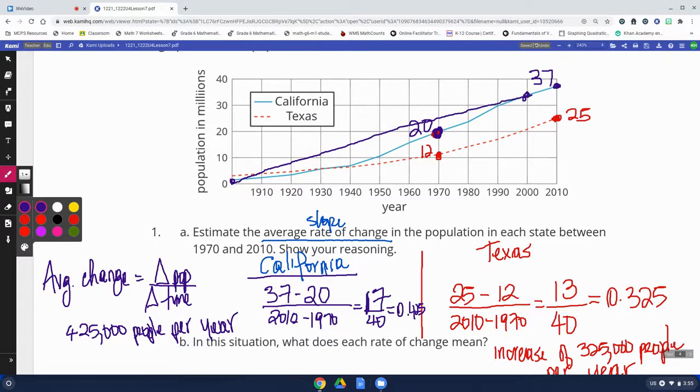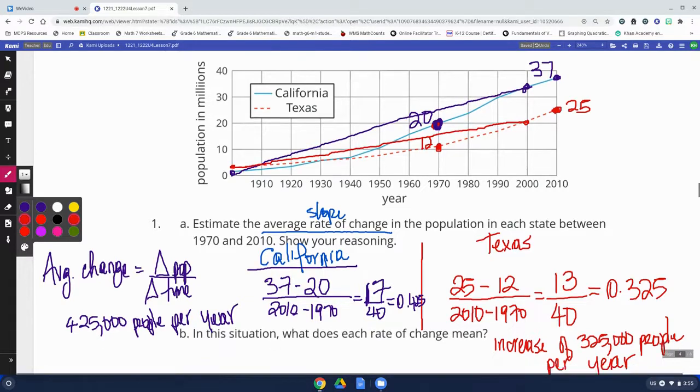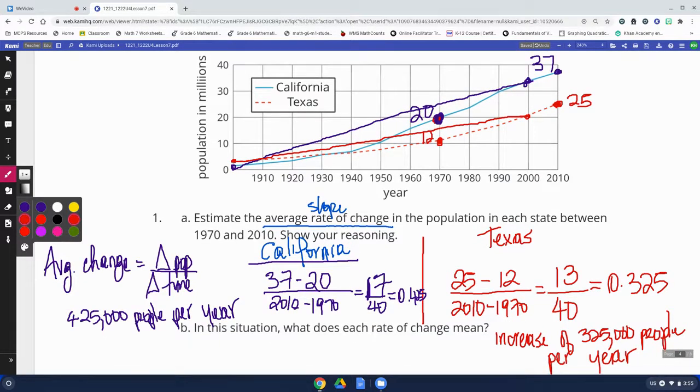Texas, 1900, 2000. All right. So you could calculate it.